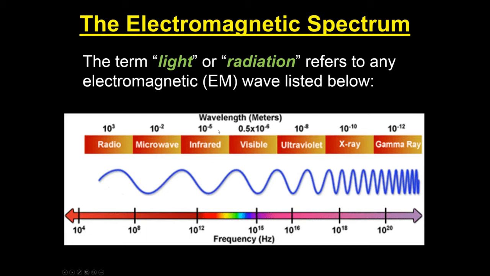Infrared is in 1,000th of a centimeter. Visible light is in the 100th nanometer range. UV is even smaller, X-rays are even smaller, and gamma rays are down to 1/1,000,000th of a meter. But they have incredibly high frequency. So we start off with big to small, or low frequency to high frequency.